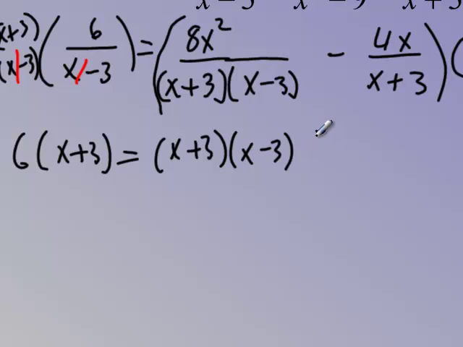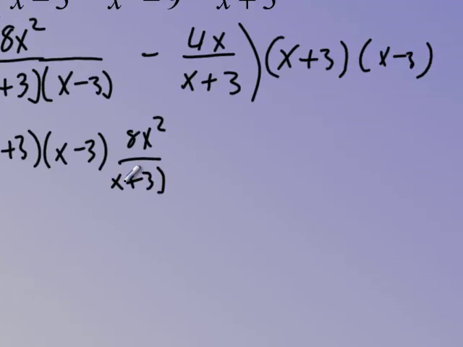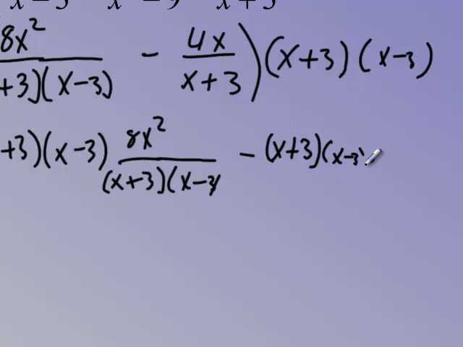And then I'm going to have 8x squared over x plus 3 times x minus 3, and then minus, and then again x plus 3 times x minus 3, and then 4x over x plus 3.